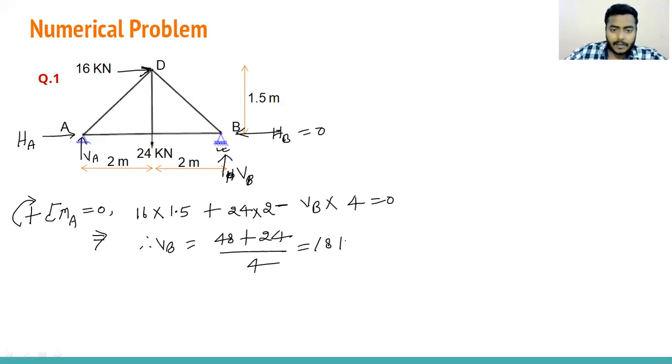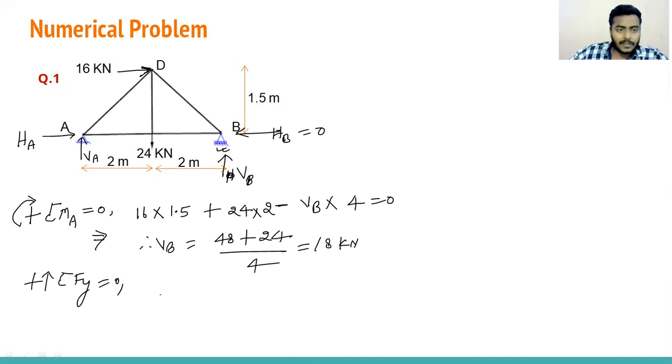We can get 80 kilonewton. Calculate, we can get 80 kilonewton. So VB is 80 kilonewton. So I'm taking upward direction positive.